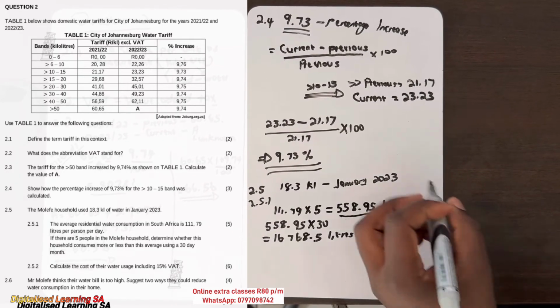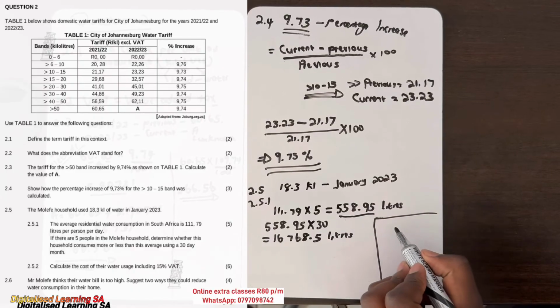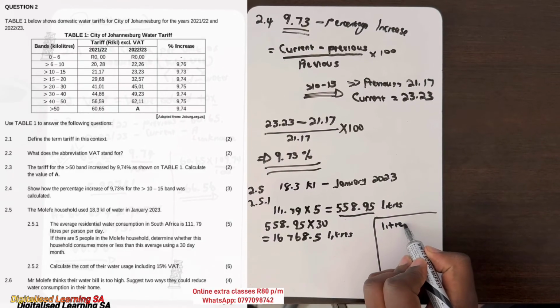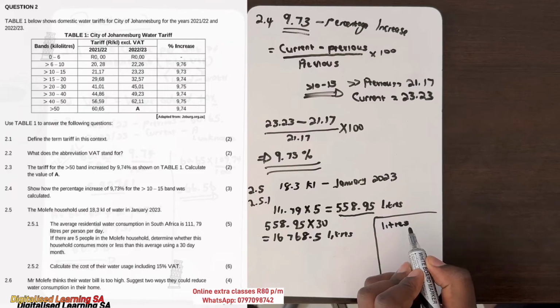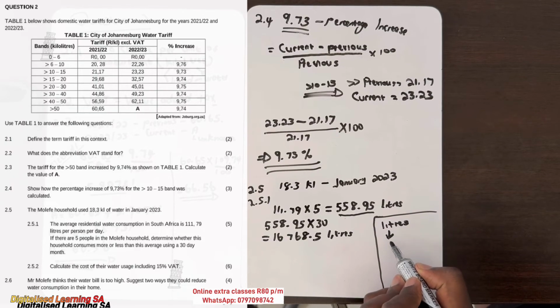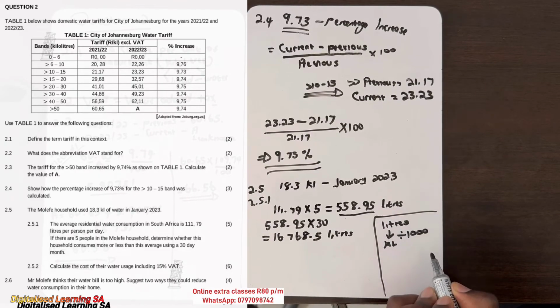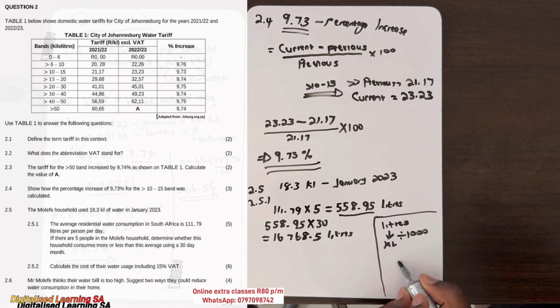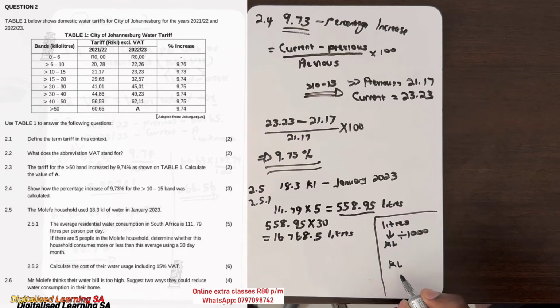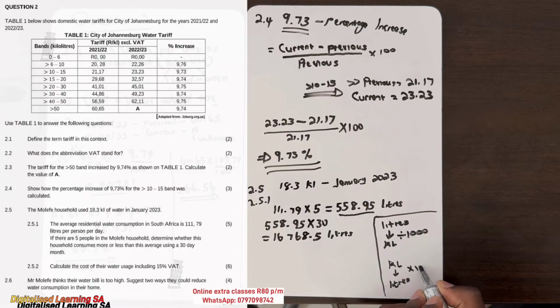And remember, guys, you should always remember that if we are given liters and we want to convert these liters to kiloliters, we divide by 1000. And if we are given kiloliters and we want to convert these kiloliters to liters, we multiply by 1000.